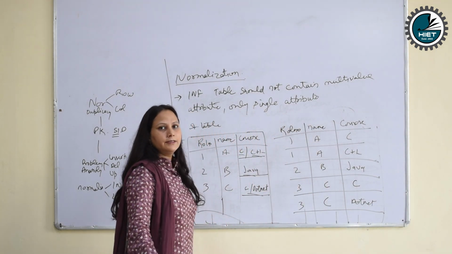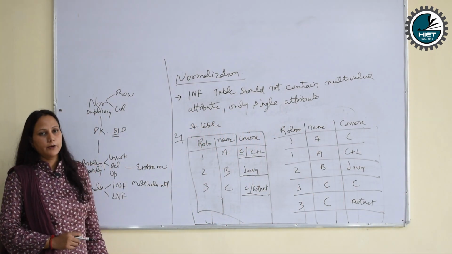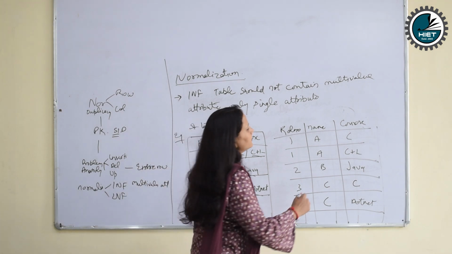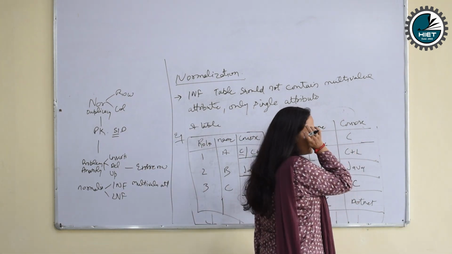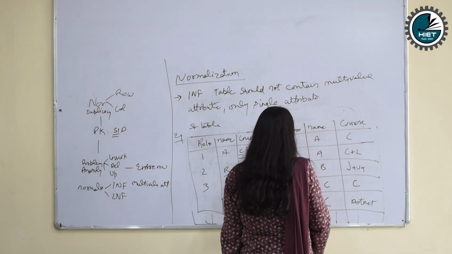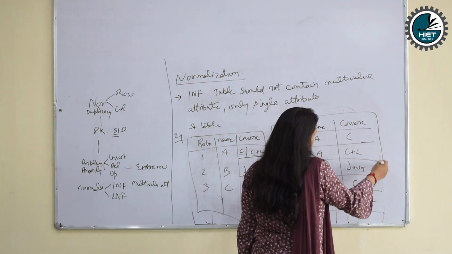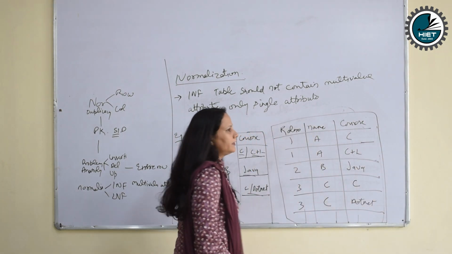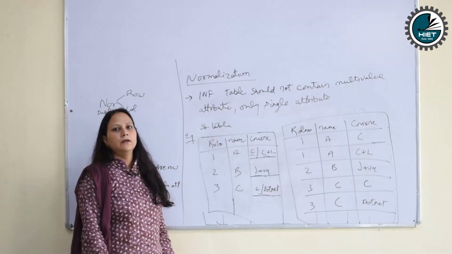So this table is in 1NF because it contains only a single value. In this way we can convert our table into 1NF.